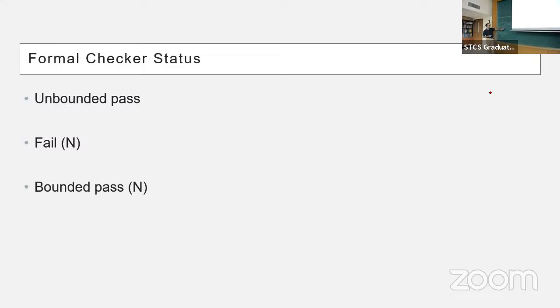We provide this formula to the tool along with the design and say, show me if this design follows this behavior or not. If it is able to find some case where this is violated, that will be a failure for us.